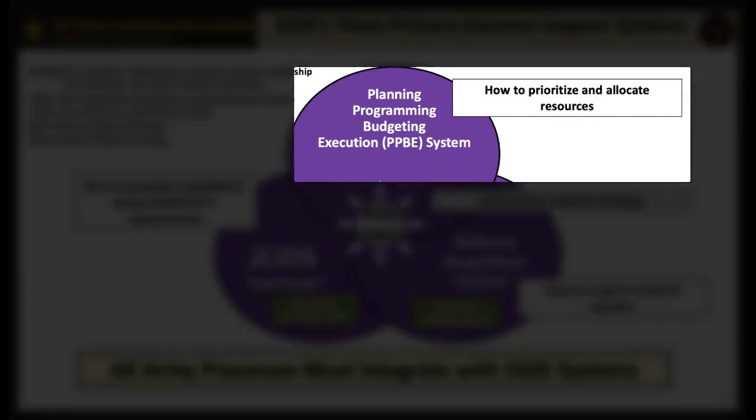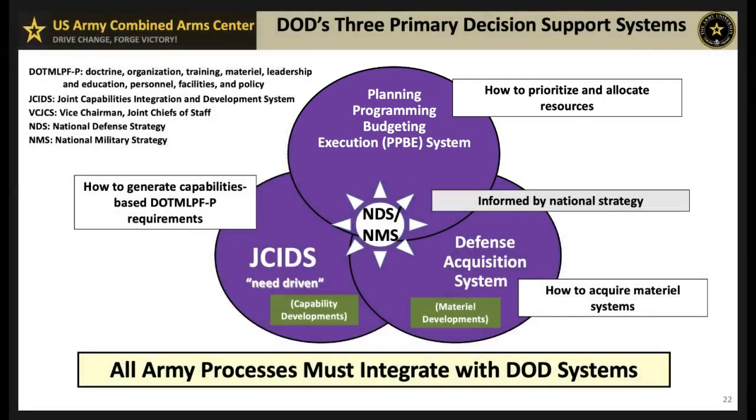PPBE, planning, programming, budgeting, and execution. This system guides how to prioritize and allocate resources effectively, ensuring that all Army processes are adequately funded and aligned with strategic priorities. Defense Acquisition System, or DAS.